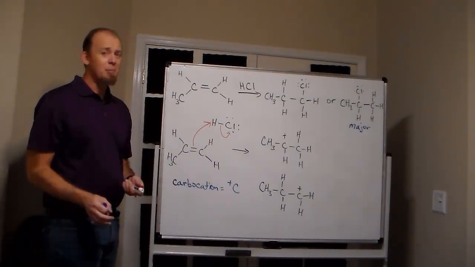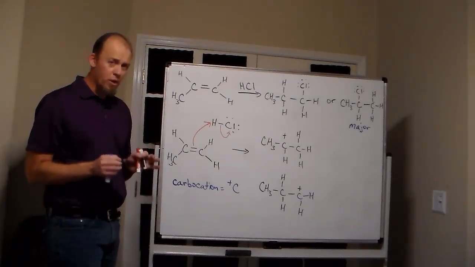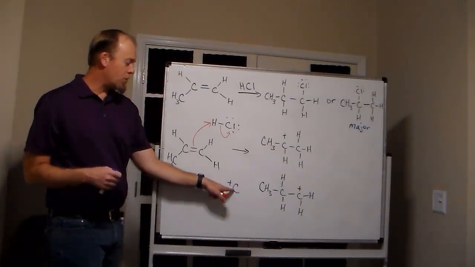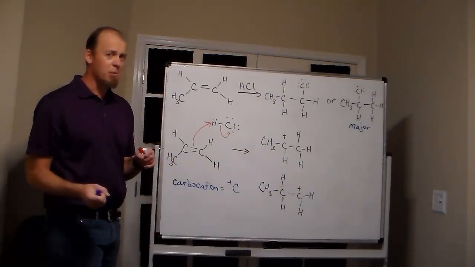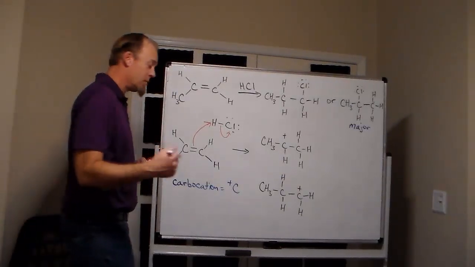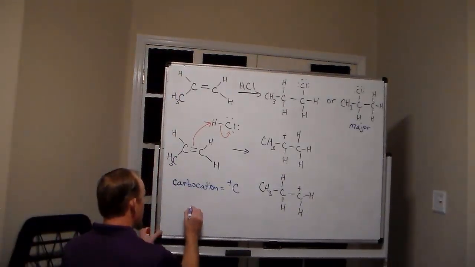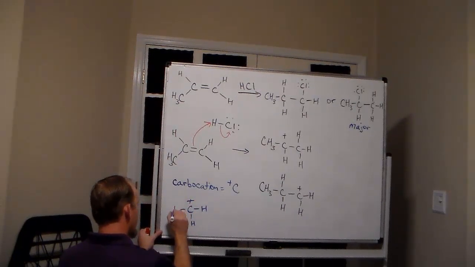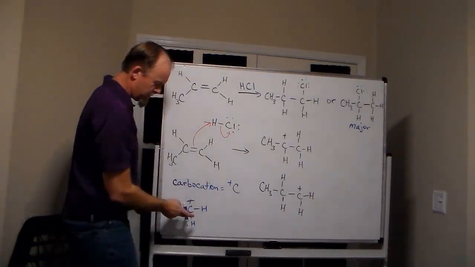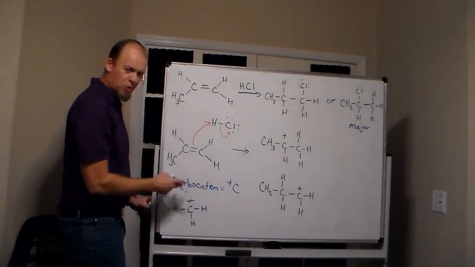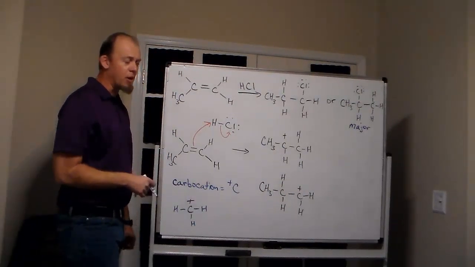Some are more stable than others. What we see is that the more carbons attached to a carbocation, the more stable it is. If it's got more hydrogens, it's not going to be nearly as stable. For example, if I had a methyl group, a carbon with 3 hydrogens, and that carbon was positive, that wouldn't be very stable at all.